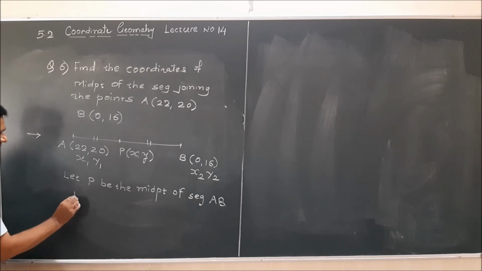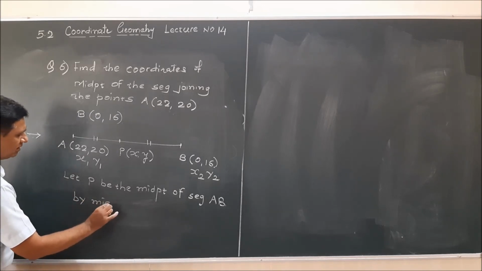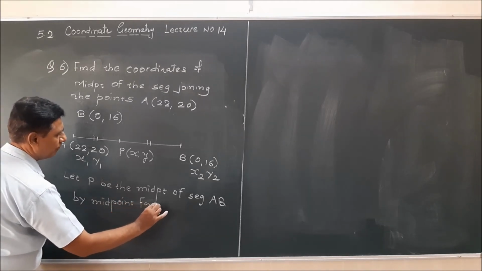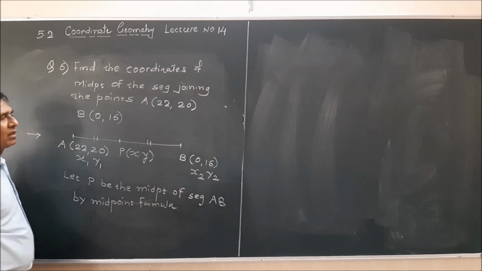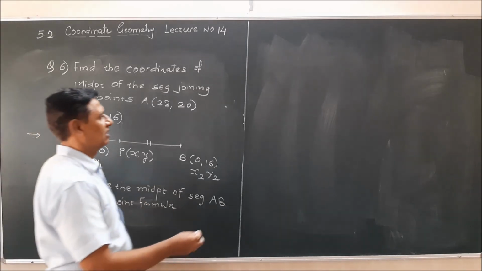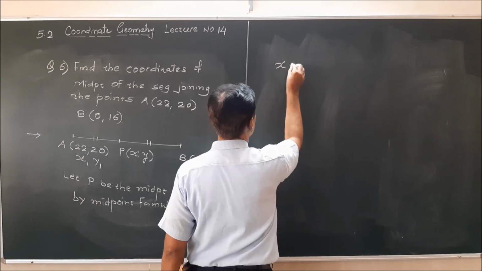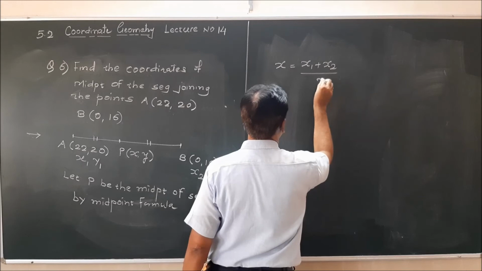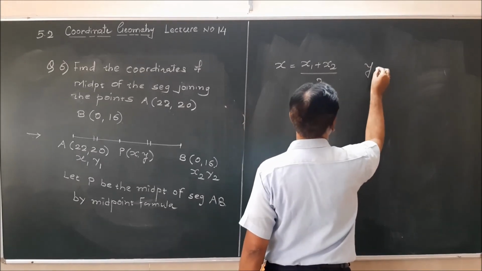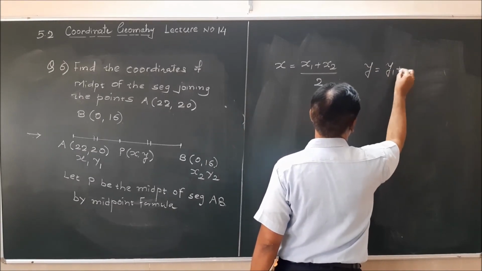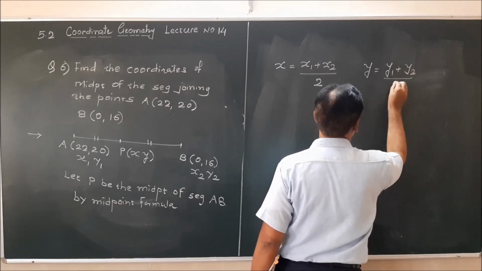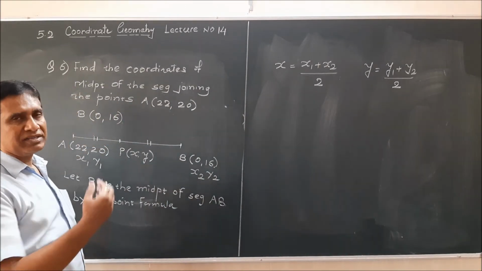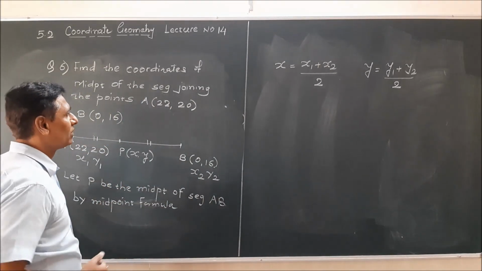So by the midpoint formula, I get the value of x as x is equal to x1 plus x2 upon 2, and y is equal to y1 plus y2 upon 2.